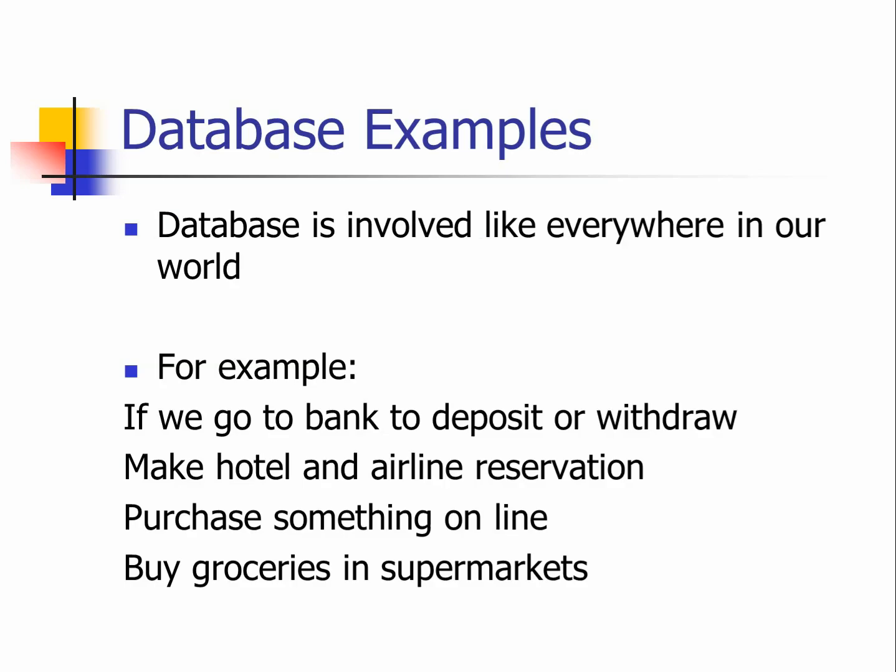More importantly, if you have only one room left of your choice, and two people are looking at the hotel, trying to make their reservation, how would you control what we call concurrency control? Which means one person booked it, the other person will get an error message indicating, sorry, the hotel is booked.